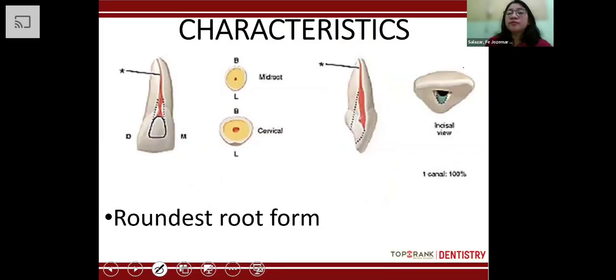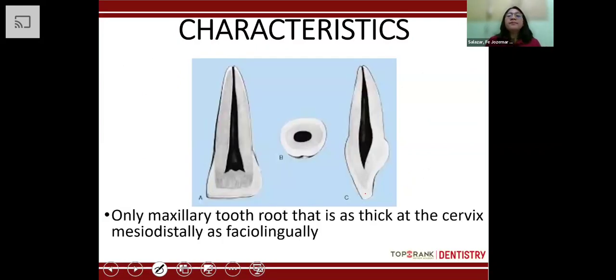It has the roundest root form, therefore you could rotate it during extraction. Only maxillary tooth root that is as thick at the cervix as it is faciolingually.